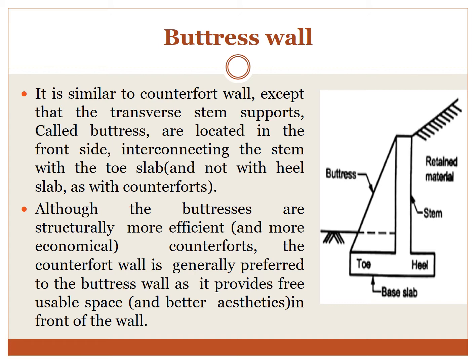However, the buttresses reduce the clearance in front of the wall, and therefore these walls are not commonly used. In a buttress wall, the buttress acts as a compression member to support the vertical wall and reduce bending moment in it. It also provides support to the toe slab and reduces bending moment in it.